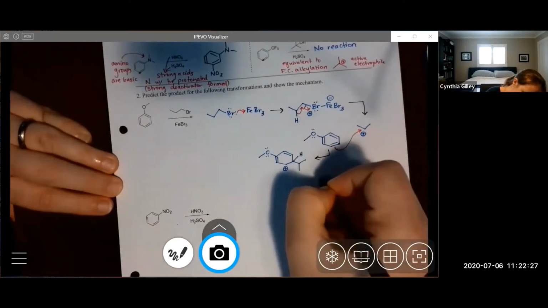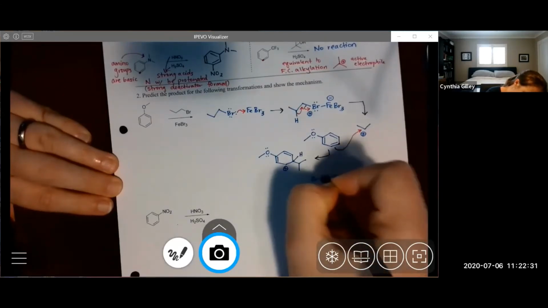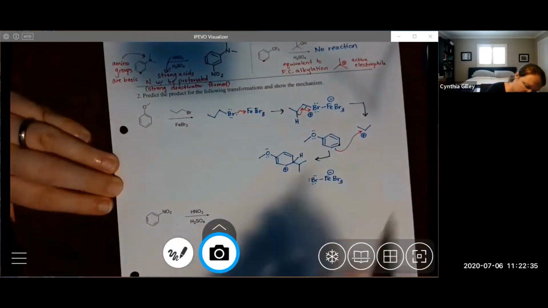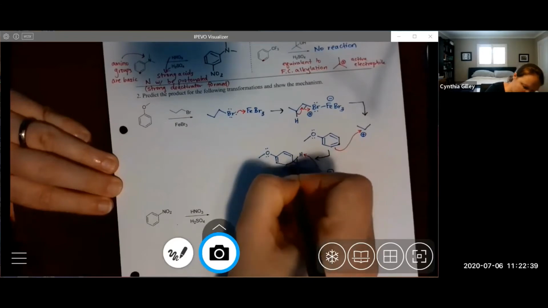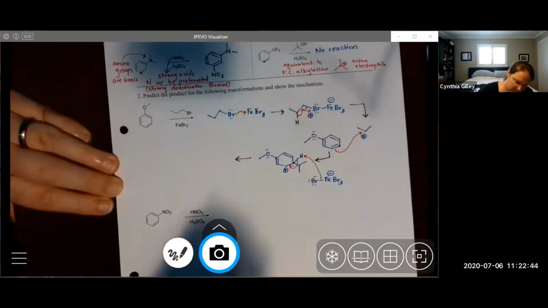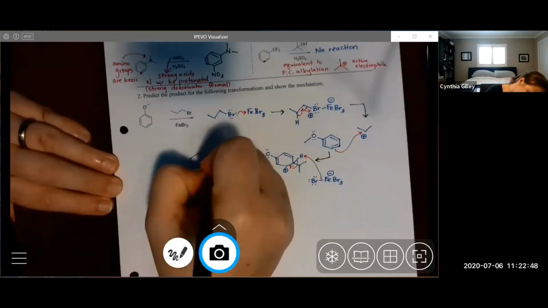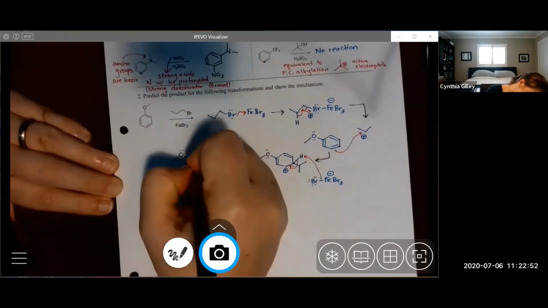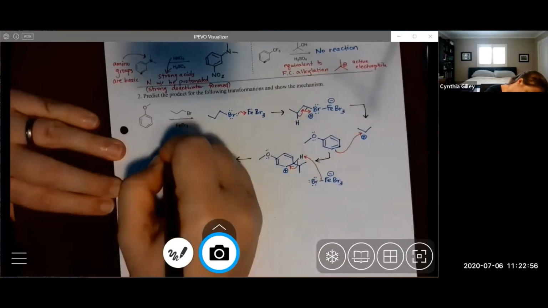You can either just use bromide or the leaving group we picked out before to do the final proton transfer. Place a little box.